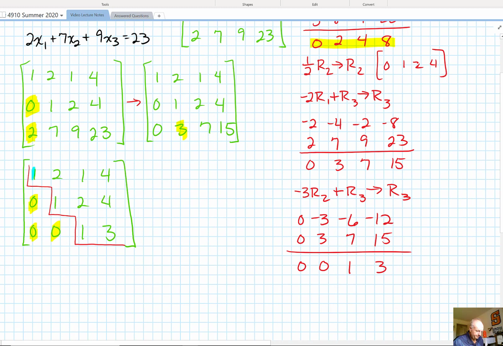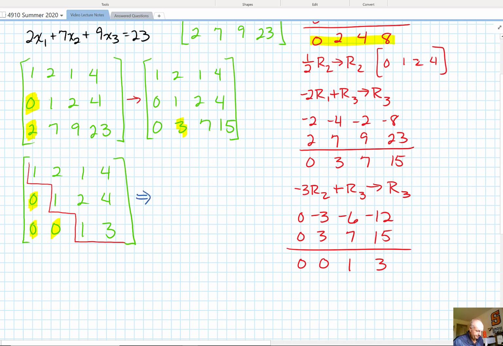So if you've got a leading term in a row, then everything below it should be 0. And if you have that, then you have a matrix in echelon form. And we eliminated these zeros, so we ended up with a matrix in echelon form. The reason we want echelon form is because now we can solve the system.